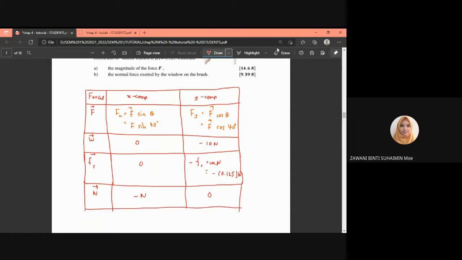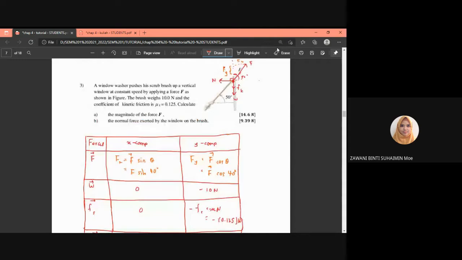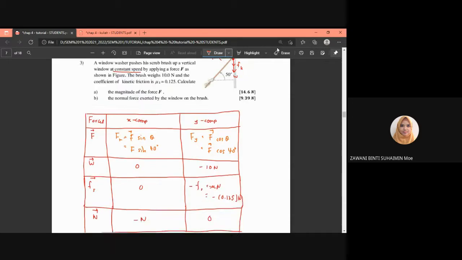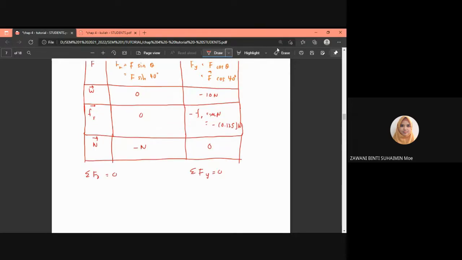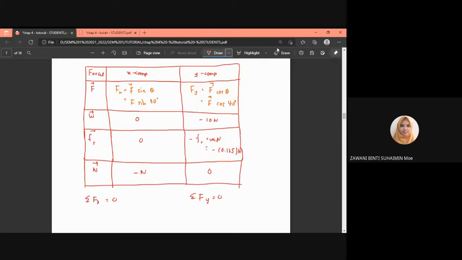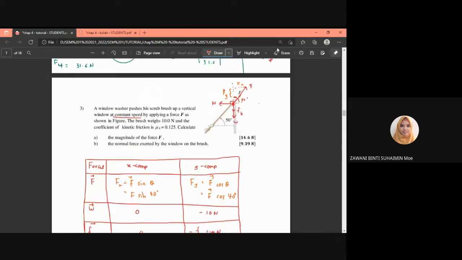Okay. Oleh kerana tadi dia ada word constant speed, maksudnya kita akan apply Newton first law. Summation of F in X component will be equal to 0, and summation of F in Y component will also equal to 0. In X component kita ada F sin theta, positif kan force tu sebab dia ke kanan.